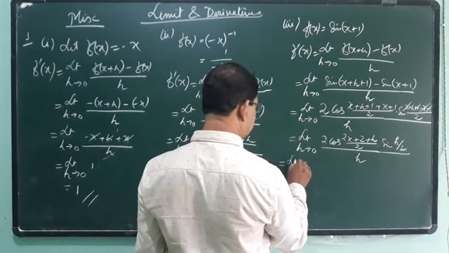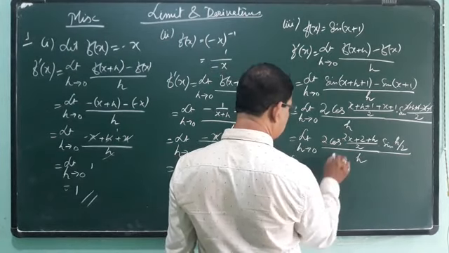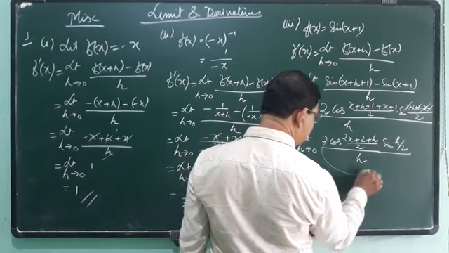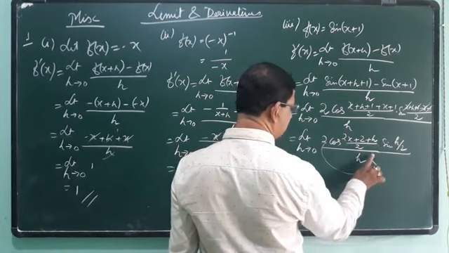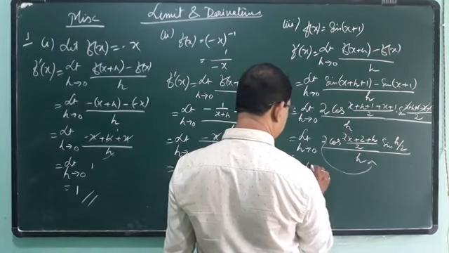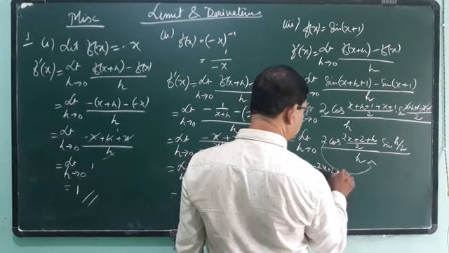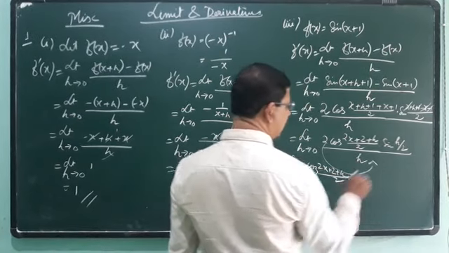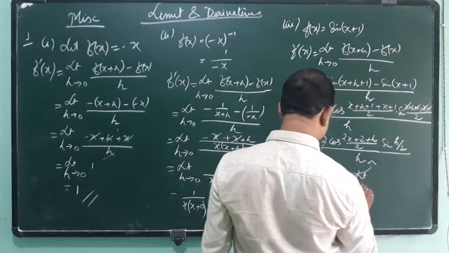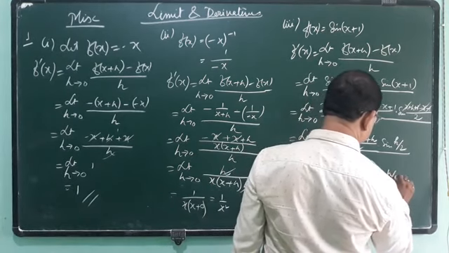Now I want to break this one. This 2 I can take below the h, then it will be h by 2. So now the next step: cos of (2x plus 2 plus h) by 2. Here I want to write limit h tends to 0, sin(h by 2) by h by 2.